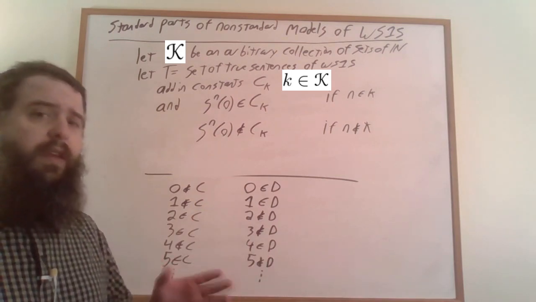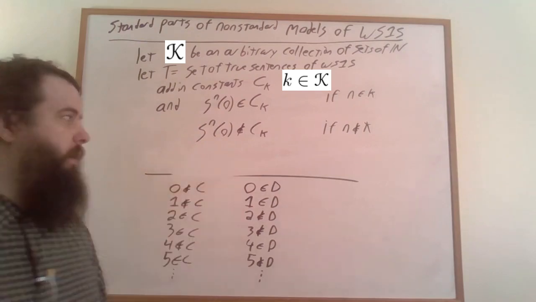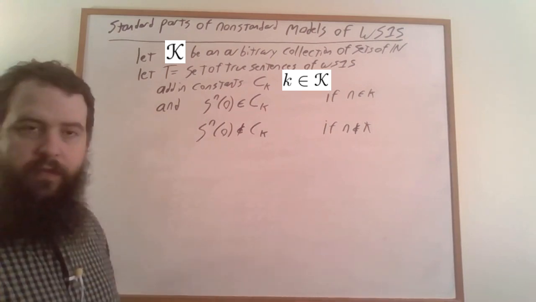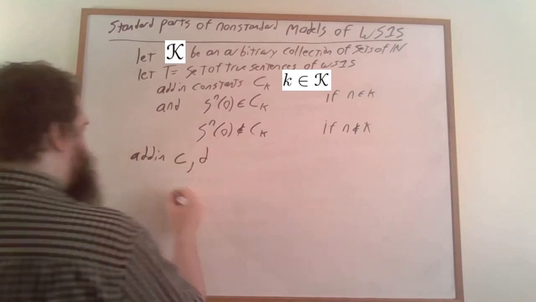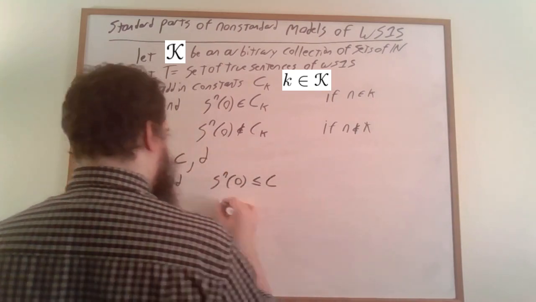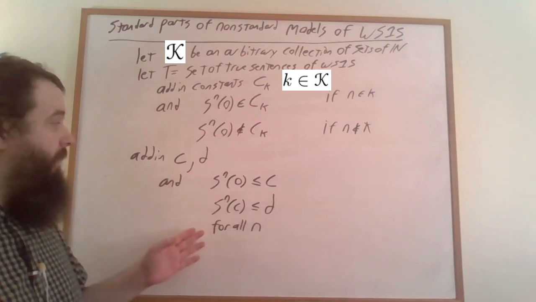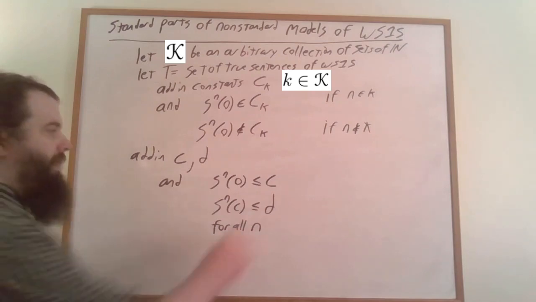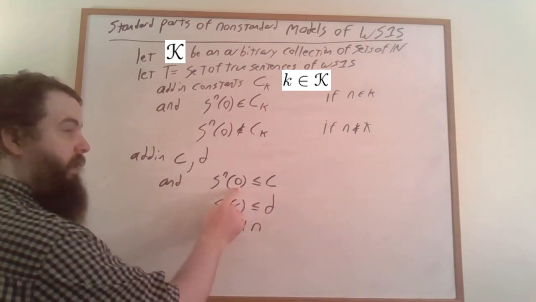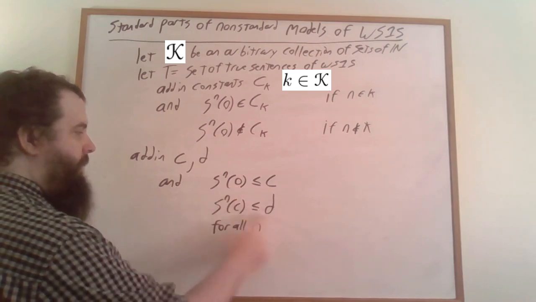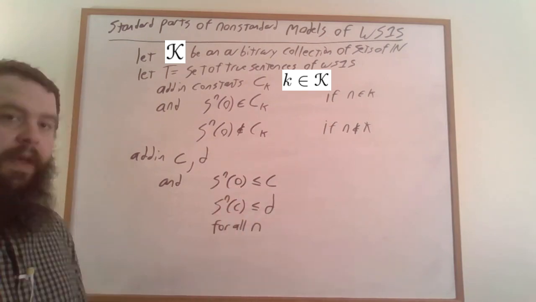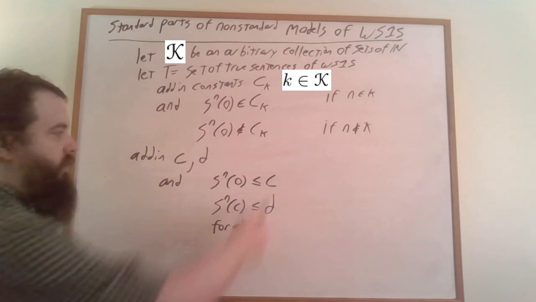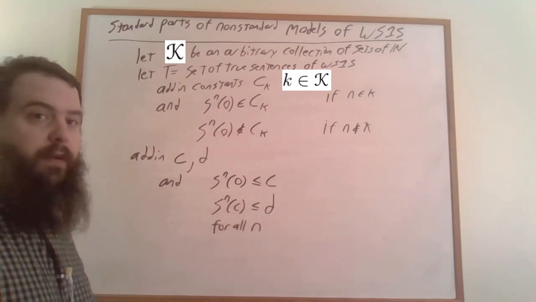We could even say a few things about the first order parts of these models that we wind up getting by modifying our compactness construction to add in some first order constants, and some additional statements requiring, when we require that they're true for all n, requiring that C be infinitely far away from 0, and that D be infinitely larger than C. And what these requirements will do is require the first order part to have these two elements that are infinitely far away from each other.